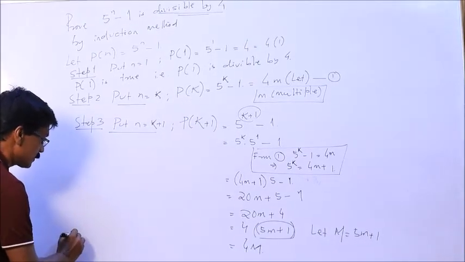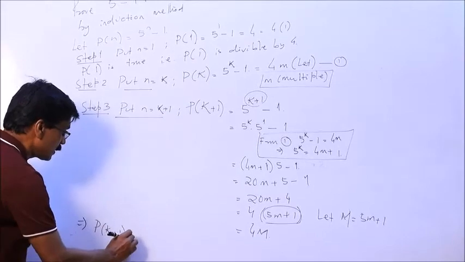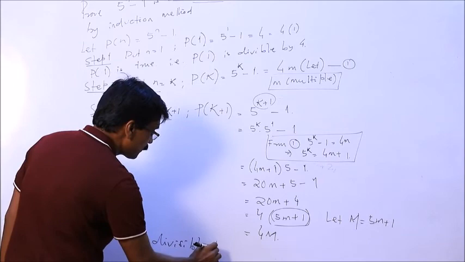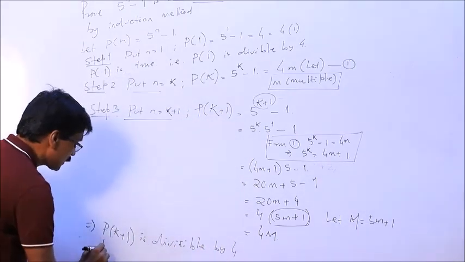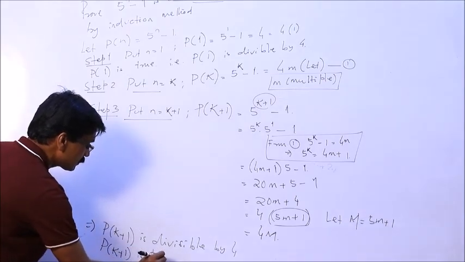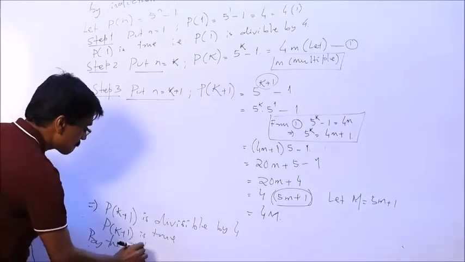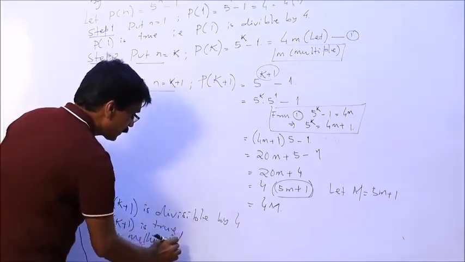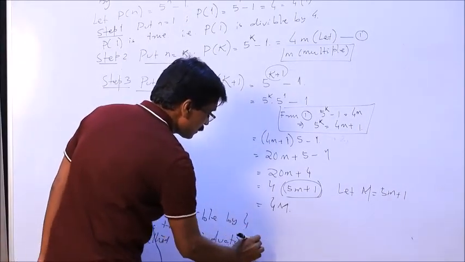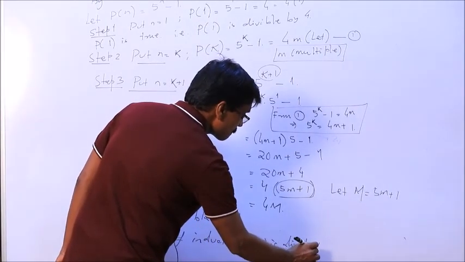So, this implies Pk plus 1 is divisible by 4, that is Pk plus 1 is true. So, by the method of induction, Pn is divisible by 4.